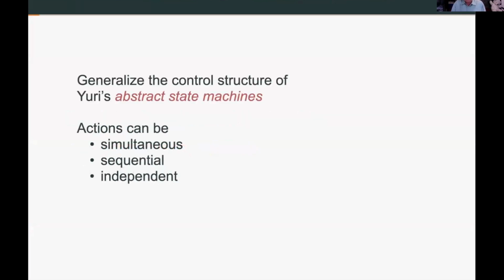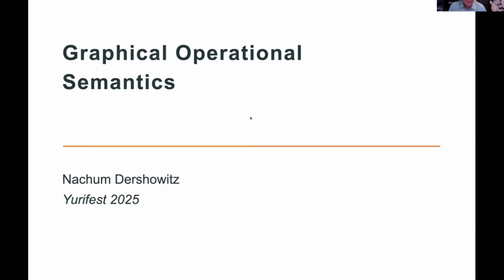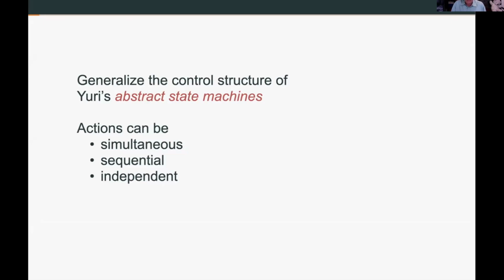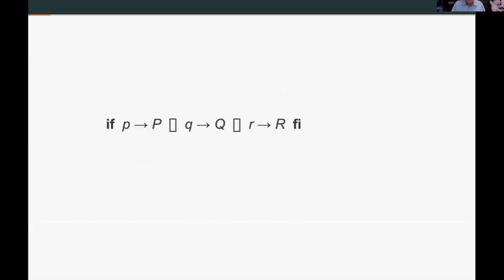And to do that, we'll use Yuri's abstract state machines, where the actions will be similar to the actions in the abstract state machines, but the control structure will be generalized so that actions can occur simultaneously or sequentially or independently, and all within the same framework.